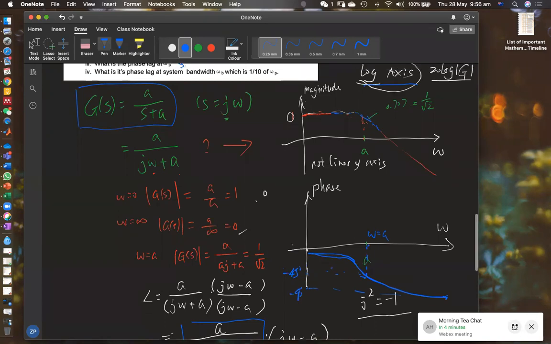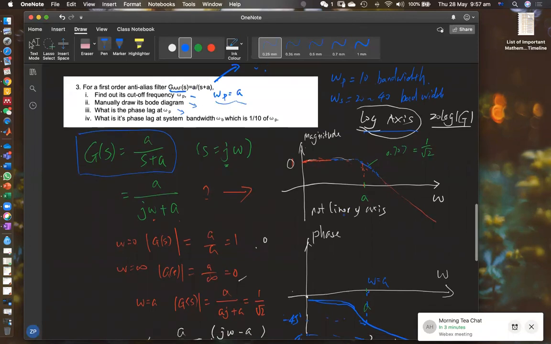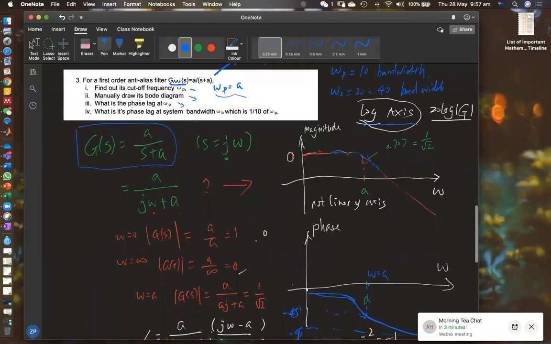That's why when we design this system, normally omega p is equal to 10 times the bandwidth, and the sampling frequency omega s is 20 to 40 times the bandwidth. So our anti-aliasing filter is half of that.